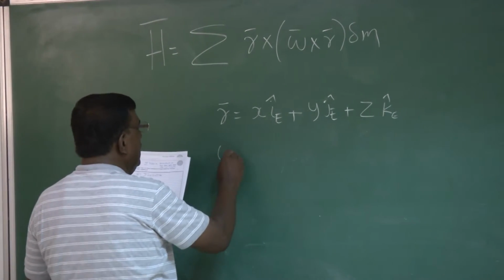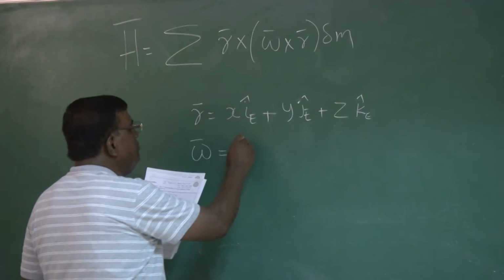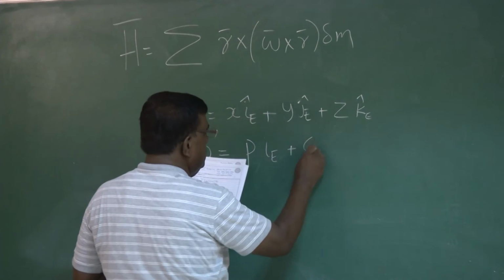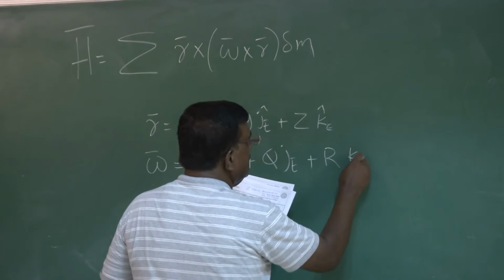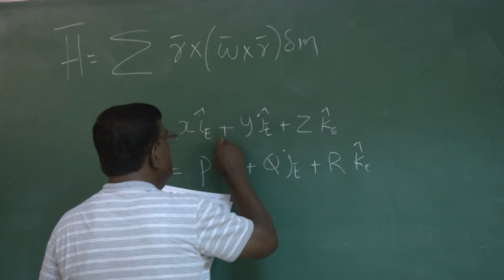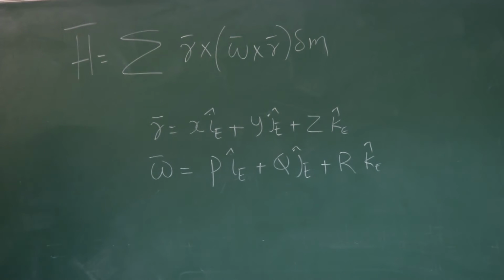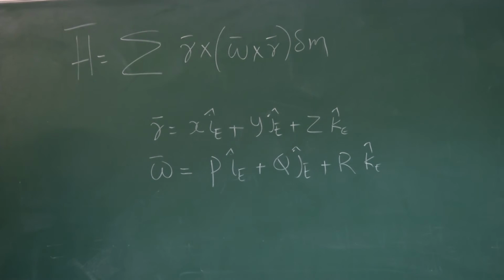Similarly, I write omega, the rotational velocity, as P Ie plus Q Je plus R Ke. No problem. It is the angular velocity of the airplane resolved along the inertial Ie, Je, and Ke axes.